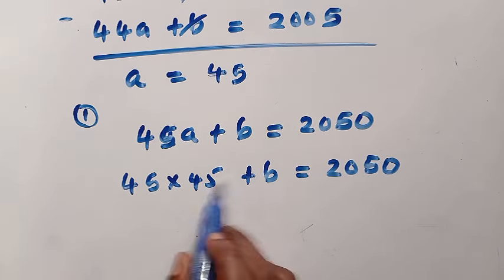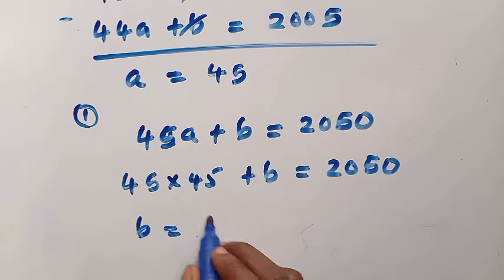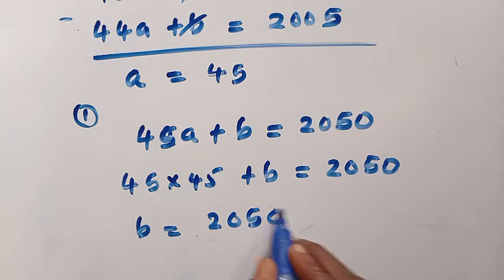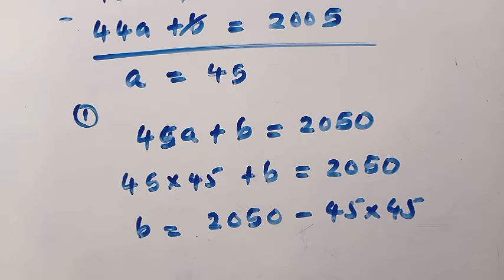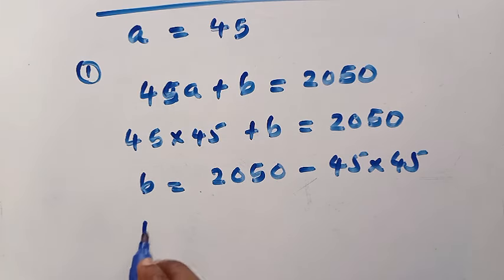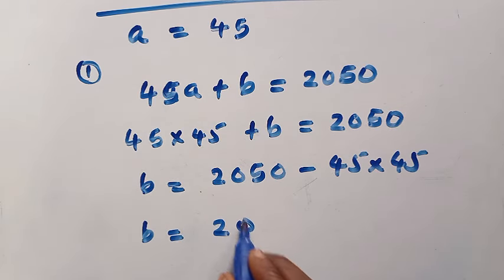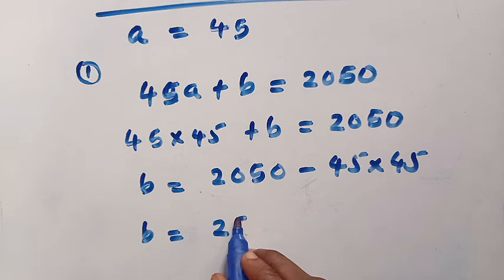And by taking these two sides, we have b equals 2050 minus 45 times 45. And when we subtract these together, we have b equals 25.